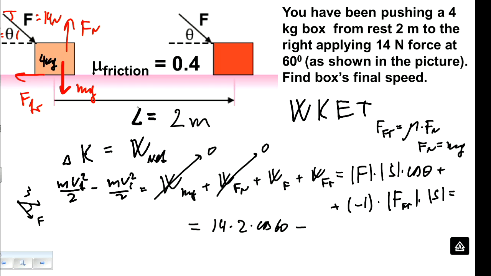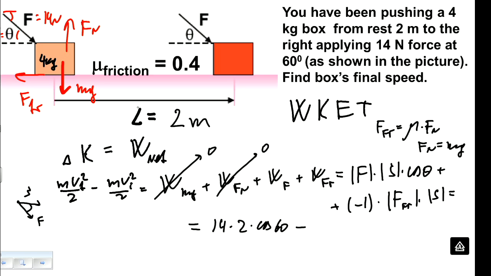And we need to remember that work and force, different words, they represent different physical quantities. A force is a vector, represents an action.